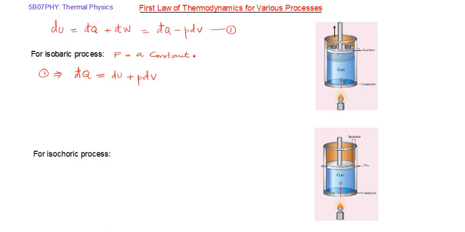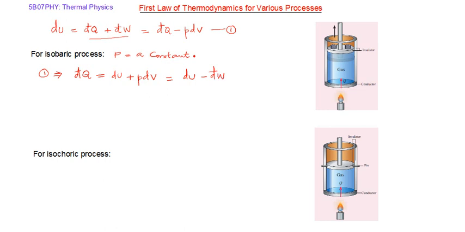Let me write it the other way also: d bar q will be equal to dU minus d bar w. That way also I can write.